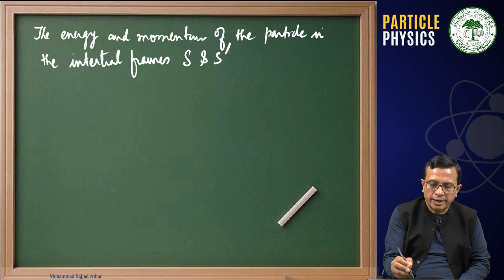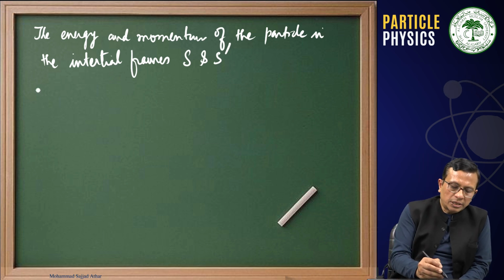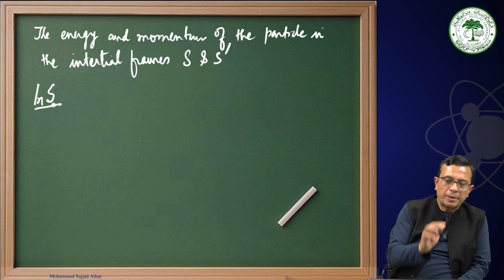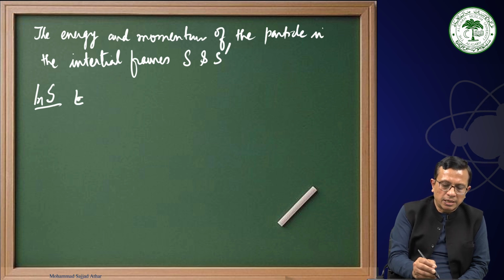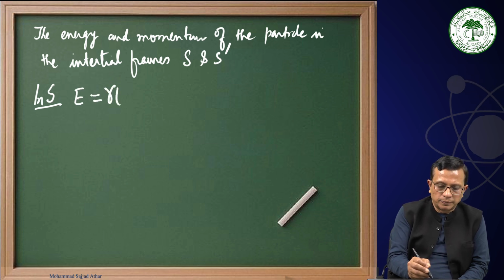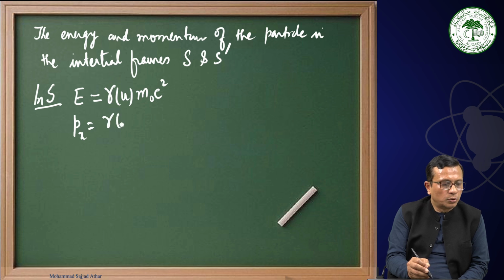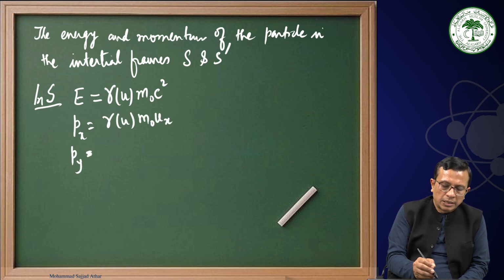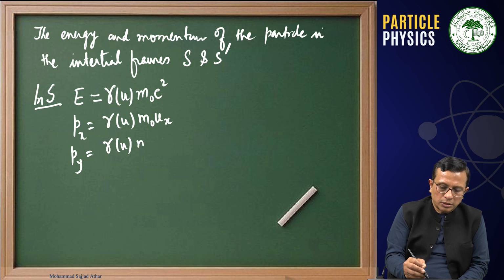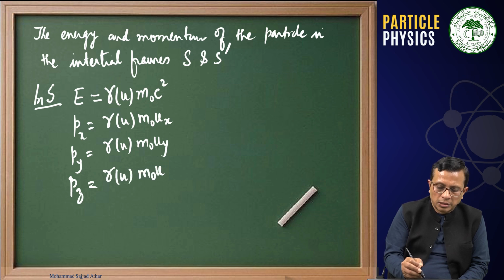S and S prime. Now, recall from the basics of the special theory of relativity, in S the energy will be simply gamma u m naught c square. Px will be gamma u m naught ux, Py will be gamma u m naught uy, and Pz will be gamma u m naught uz.